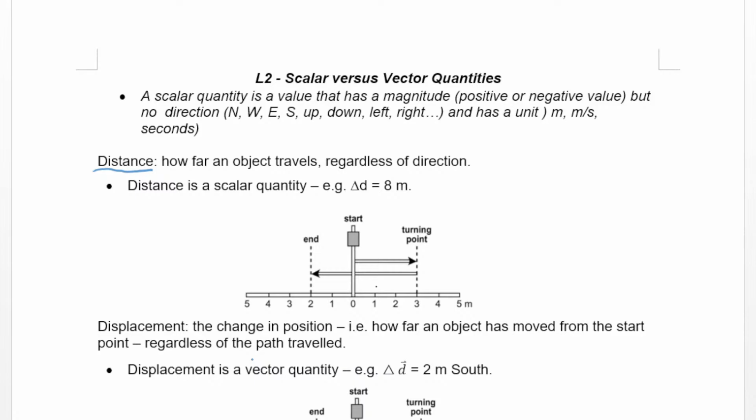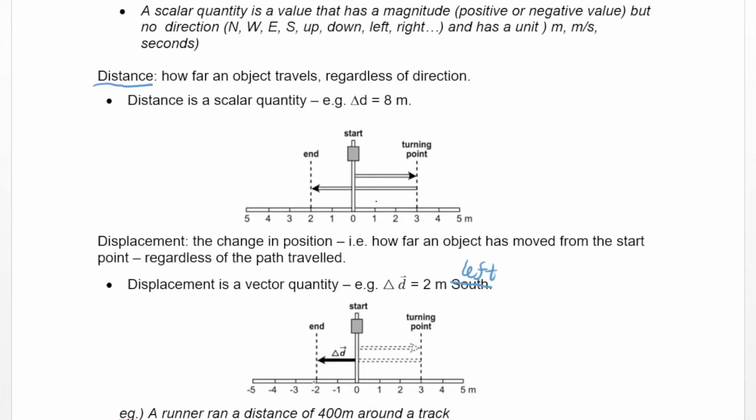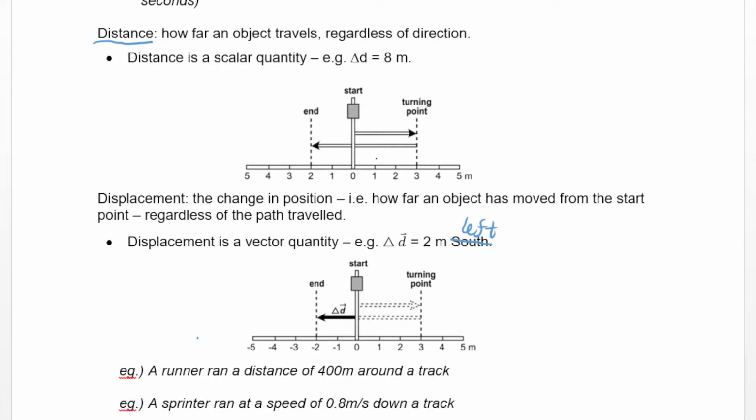We care not just about how far you've traveled, but also which direction you went. We moved a little bit to the right, then to the left, but in the end, we ended up 2 meters to the left.